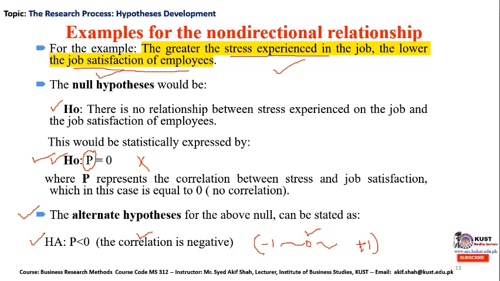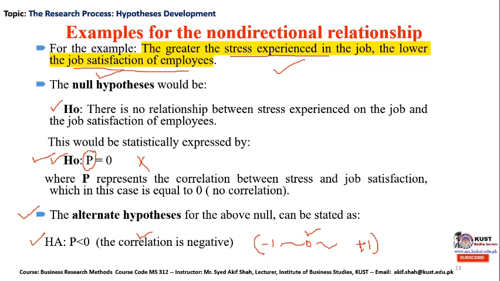which is explaining that there is no correlation between the stress experienced in the job by the employees and the job satisfaction. This is the reason we have hypothesized the alternative hypothesis in this fashion, because the statement was on the basis of theoretical framework and literature review.